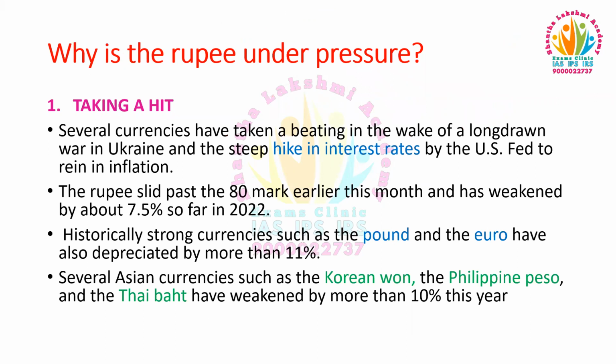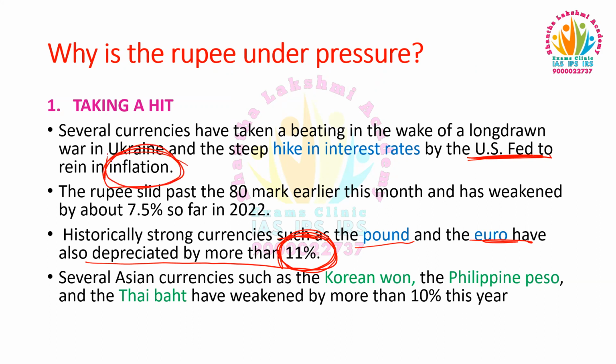Then moving forward, now coming to the topic of the video. So why are Indian rupees under pressure? It is taking a hit. Is only the Indian rupee under pressure? No, various currencies such as the pound and euro have also depreciated by more than 11%. This is due to the Russian invasion of Ukraine and the steep hike in interest rates by the US Federal Reserve to rein in inflation.